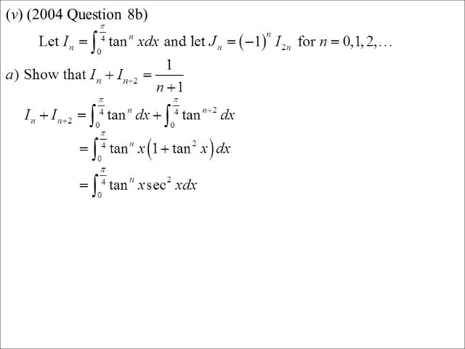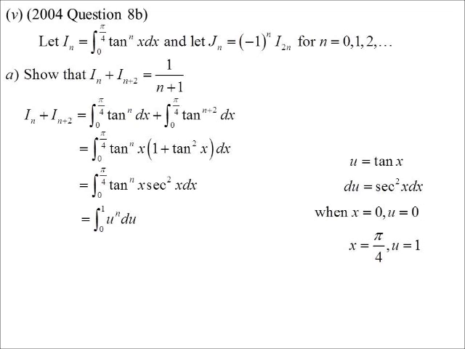We can now do a substitution, u equals tan x, du is sec squared. And limits, we've got to change our limits, so x equals 0, u equals 0, x equals pi on 4, u is 1. And a lovely little integral to do, just u to the power of n. Add 1 to the power, divide by the new power, substitute in 1, substitute in 0, and sure enough we get our required answer, 1 on n plus 1.